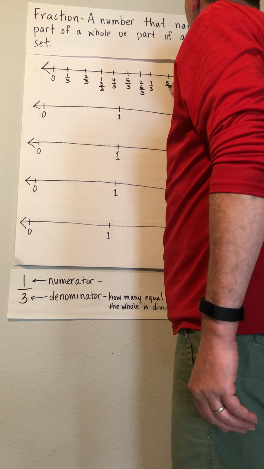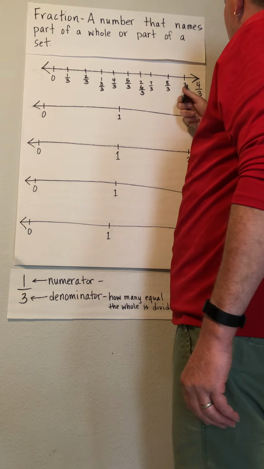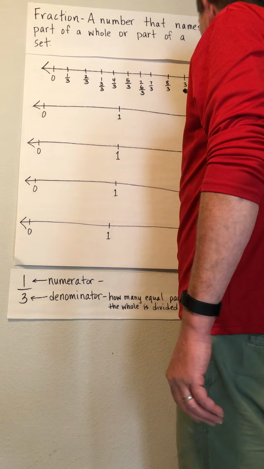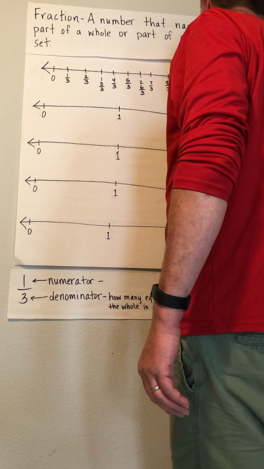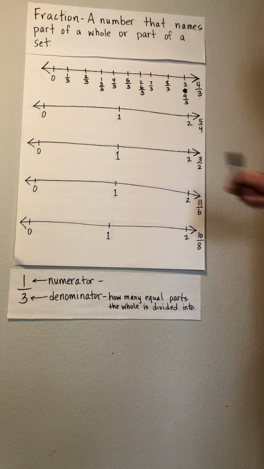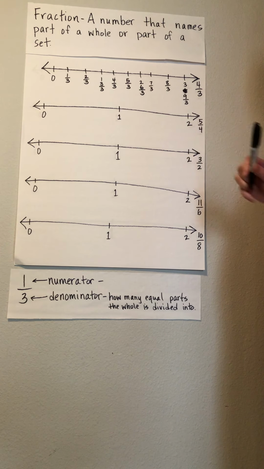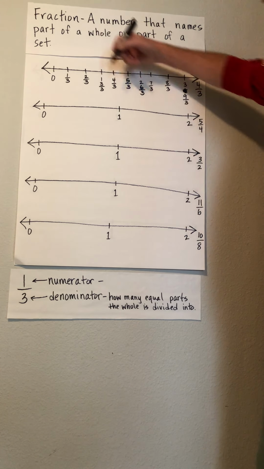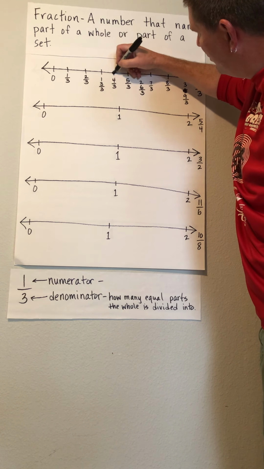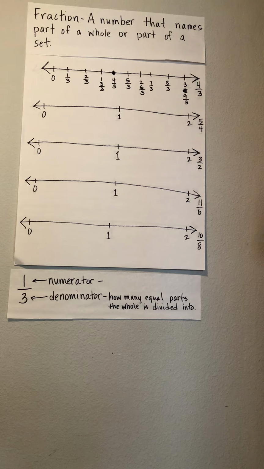Another third is 8/3, and then 3 is the same as 9/3. Okay, so that's how you plot out on a number line. Now we're looking for 4/3. So 1/3, 2/3, 3/3, 4/3. So we're right there. Okay.